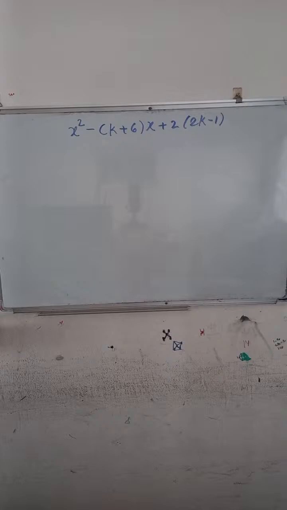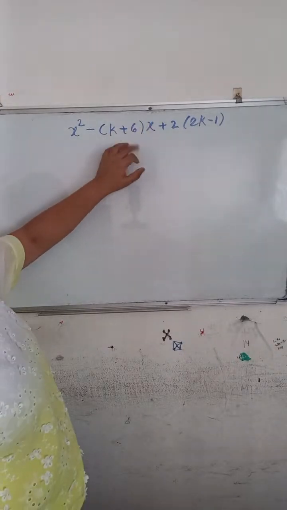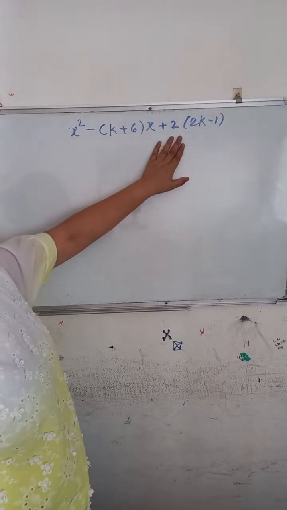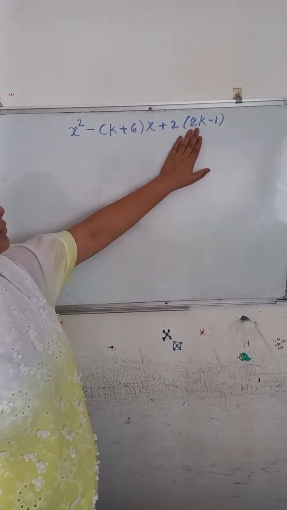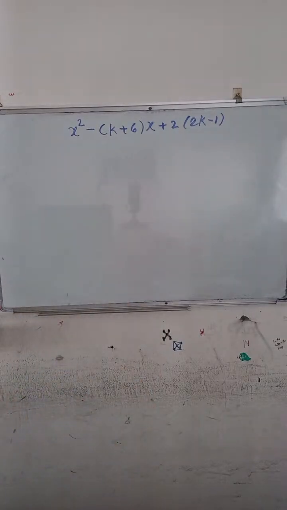I'll repeat. Find the value of k such that the polynomial x square minus k plus 6 into x plus 2 into bracket 2k minus 1 has sum of zeros equal to half of their product.